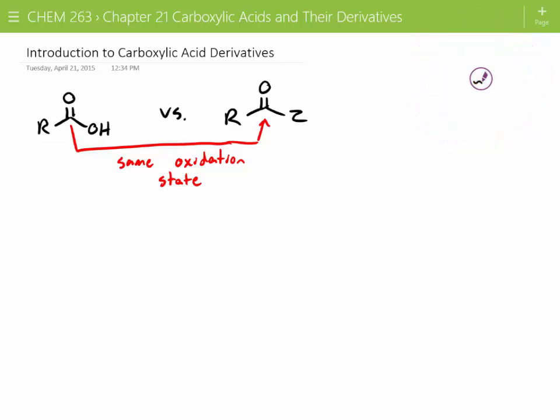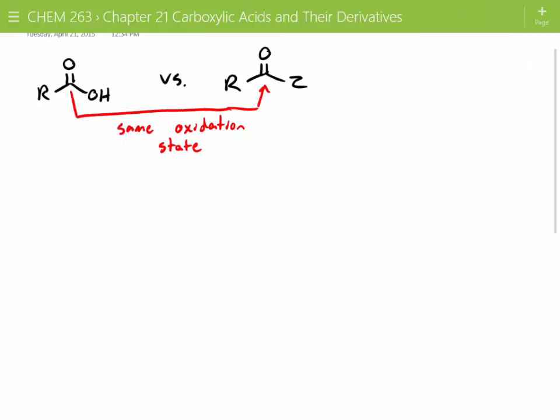We're not gaining or losing electrons, we're just swapping out a functional group. So we've got a handful of different carboxylic acid derivatives. It's some substituent, and so I'll go through examples of what that Z substituent can be. Z is some sort of electron withdrawing substituent, though.